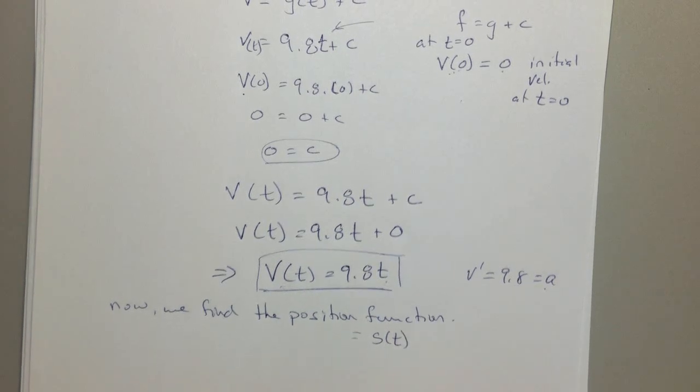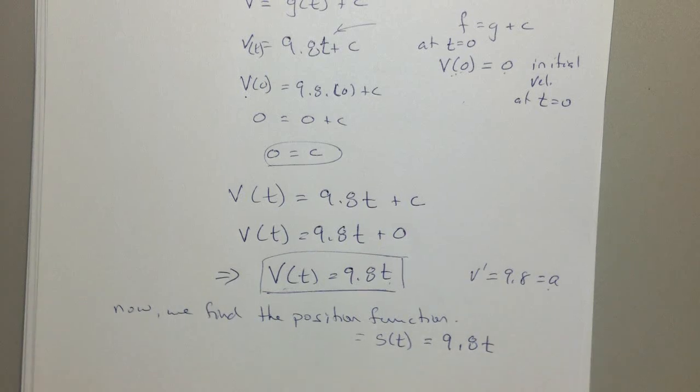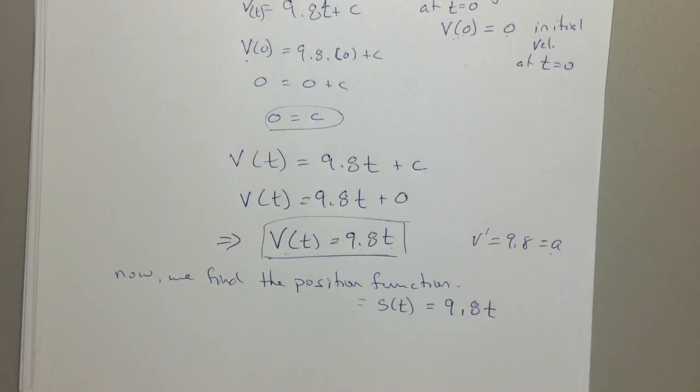That's the position function. The position function is determined by 9.8 t. No matter what t is, it tells us where the object is. How far did it move?